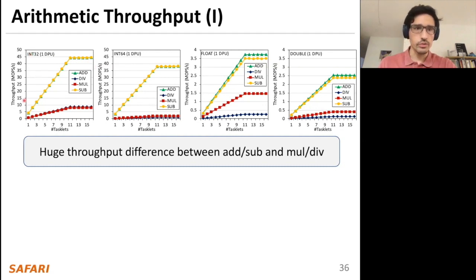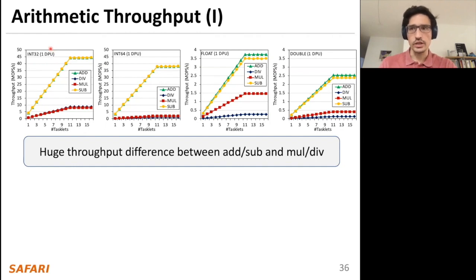You can, for example, observe this figure for integer 32, and we see that this is around 44 mega operations per second, and here we don't even reach 10 mega operations per second. But these results, by the way, are inside a single DPU.